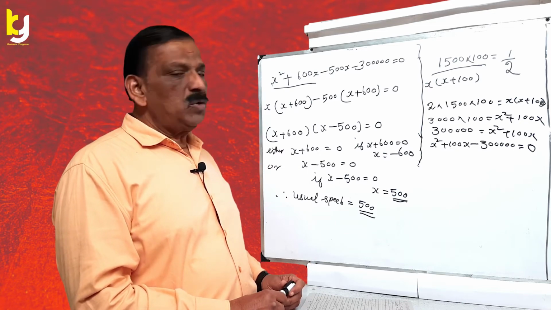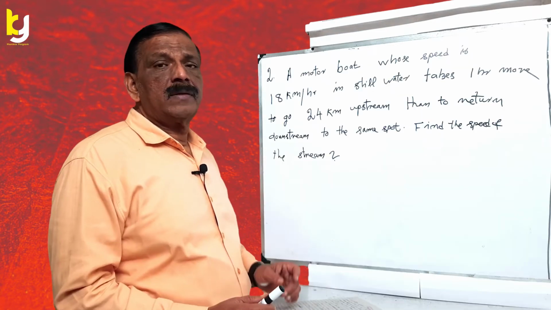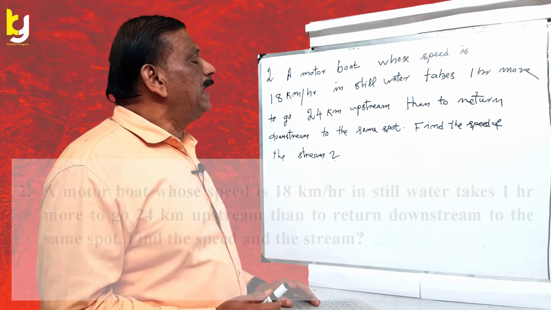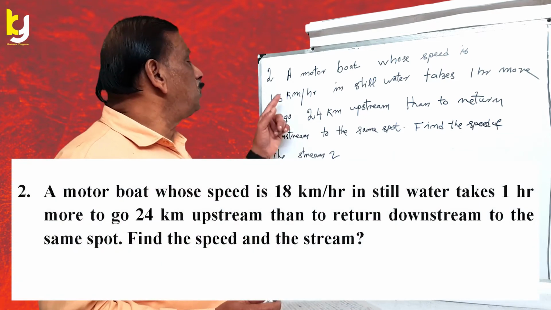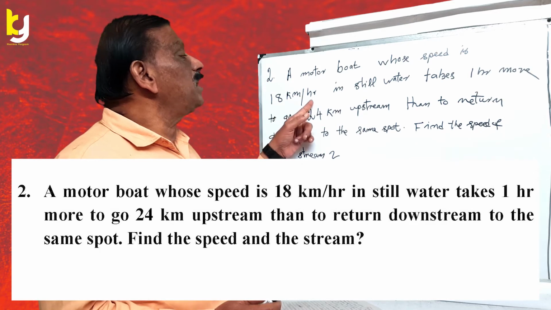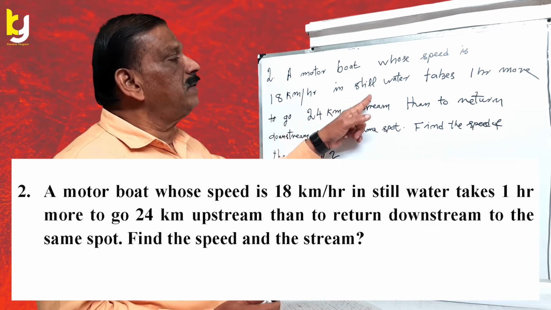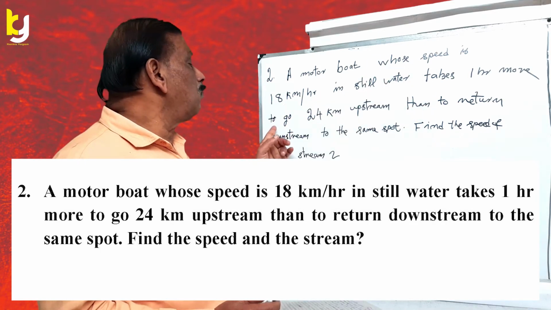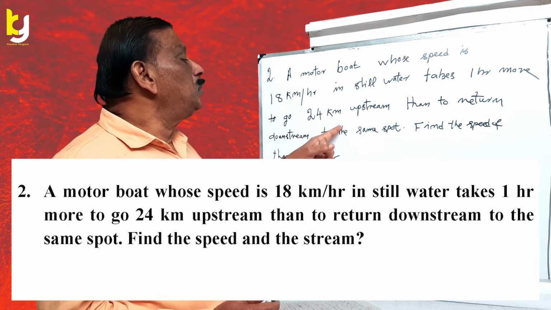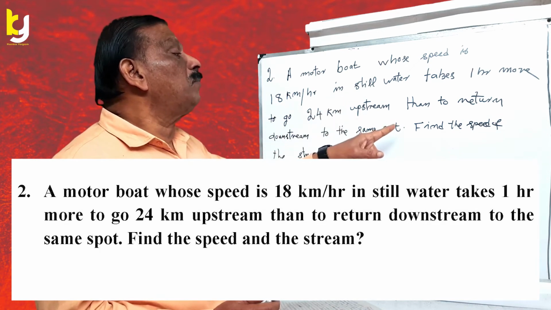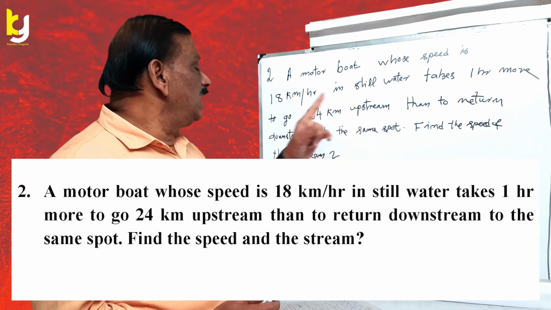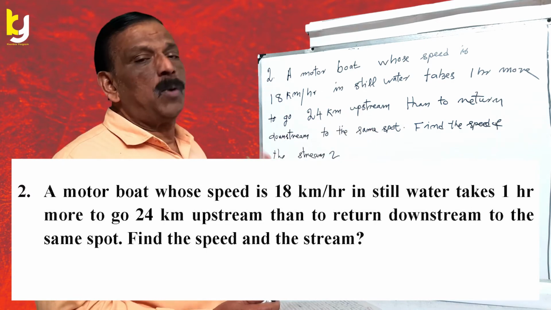Next question is, a motorboat whose speed is 18 km per hour in still water takes 1 hour more to go 24 km upstream than to return downstream to the same spot.